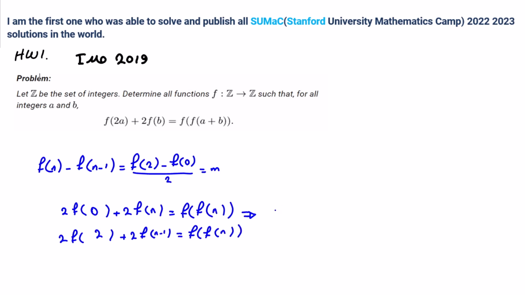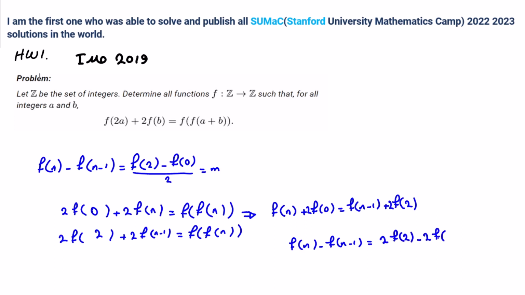So f(n) plus f(0) is equal to f(n minus 1) plus f(1) plus f(2), right? Yeah. So f(n) minus f(n minus 1). Oh, sorry, it is 2f(0), 2f(2). So it is equal to 2f(2) minus 2f(0), right?